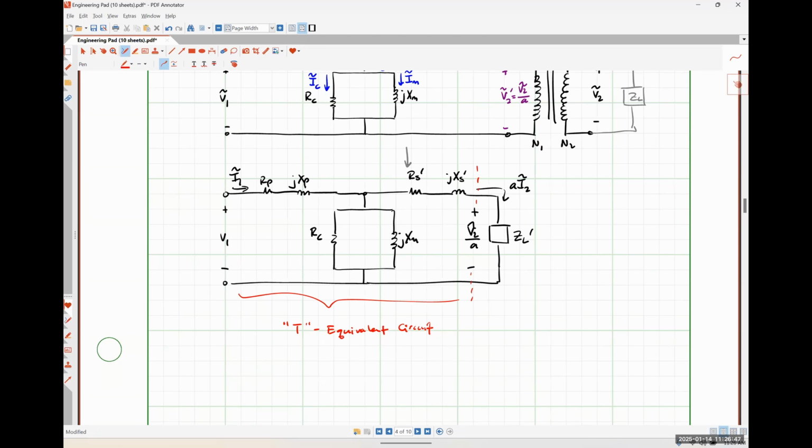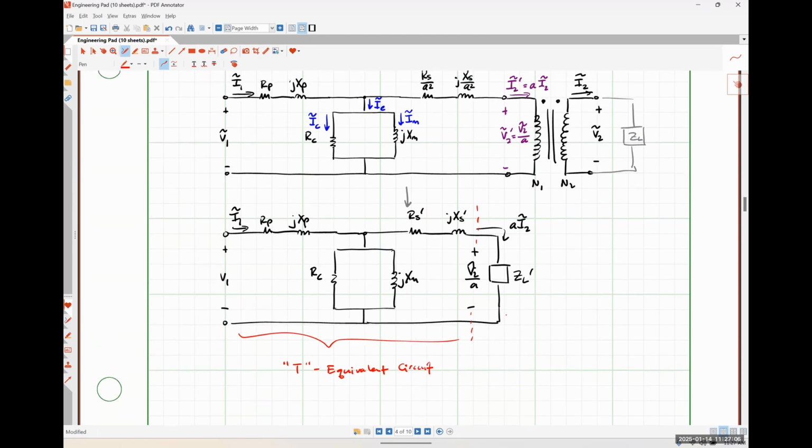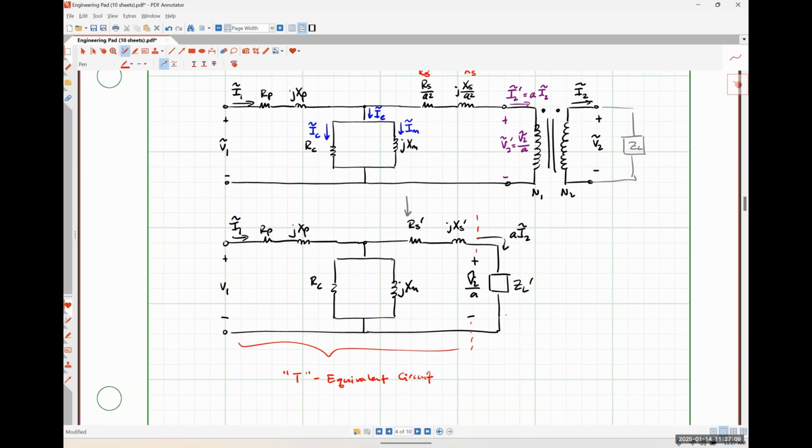So we can actually simplify this thing a little bit further if we wanted to. Okay. So our next simplification is going to be what is commonly referred to as the cantilever equivalent circuit. You'll see why we call it that in a moment. So this simplification can be used because we can make an observation about something, okay?